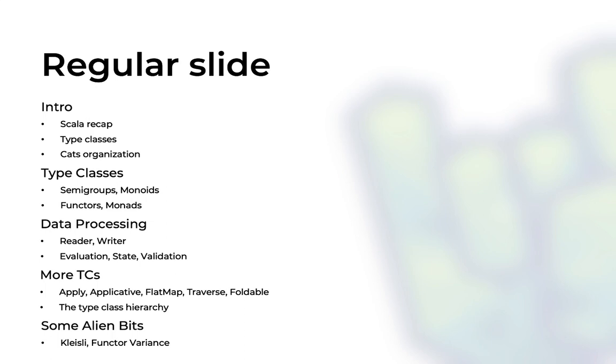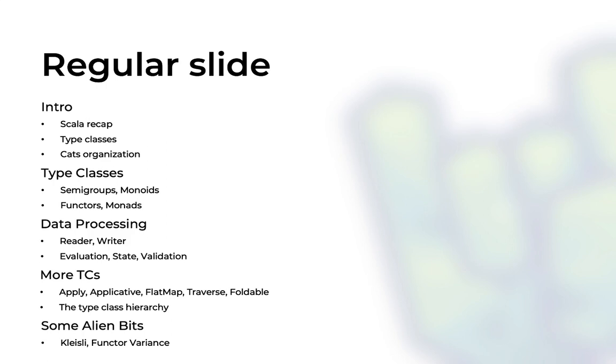After that, I'm going to take a little bit of a detour, and we are going to run through some data processing tools that Cats offers in a purely functional way, including readers, writers, evaluation, state, and the Validated type, such that we can get some more experience writing purely functional code with higher-kinded types, so that we can fetch some examples for the later and more obscure type classes that we are going to explore in the later part of the course.